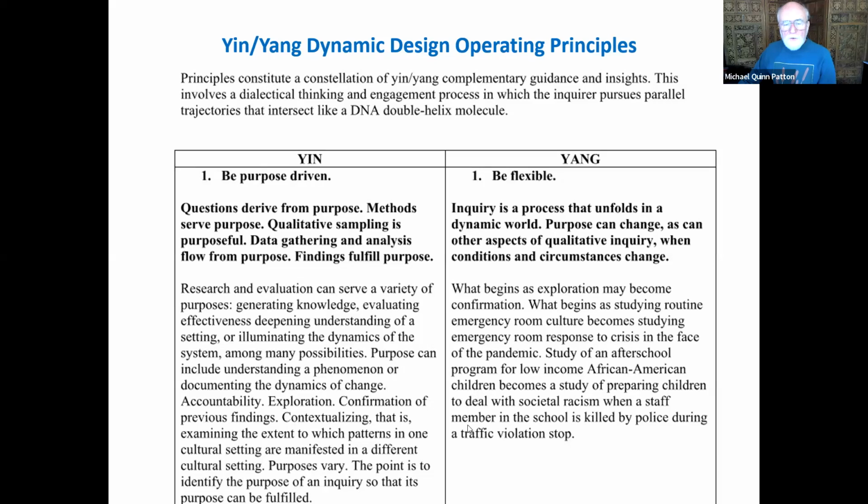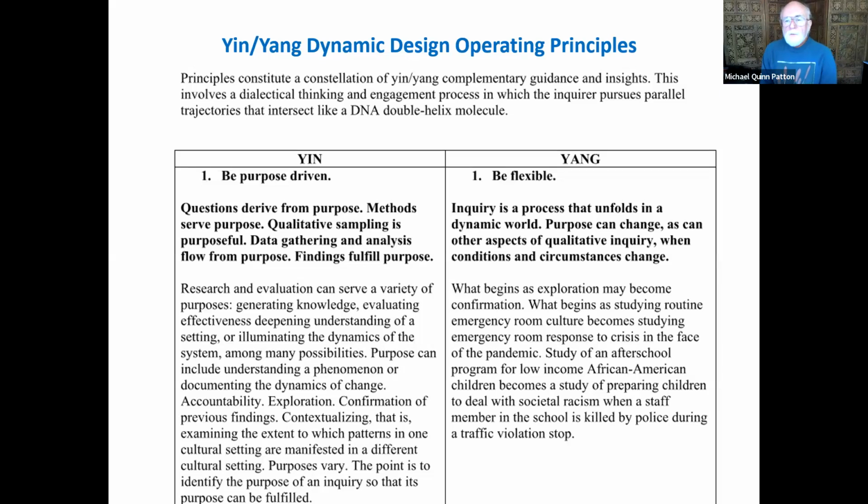Research and evaluation can serve a variety of purposes: generating knowledge, evaluating effectiveness, deepening understanding of a setting, or illuminating the dynamics of the system, among many possibilities. And so purposes vary. The point is to be purpose-driven.